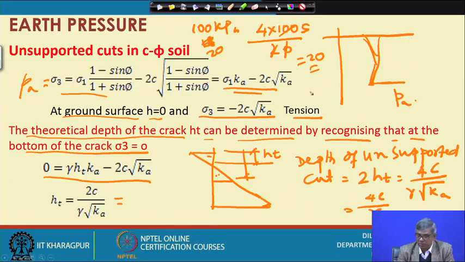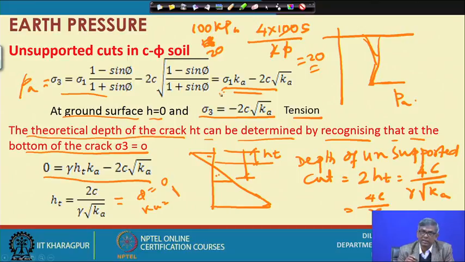That also you can find out when phi equal to 0, K equal to 1, is it not? So this value directly, gamma into H will be there minus 2C. So that also we can modify when there is no friction in the soil, purely cohesive soil. Then also, how to find out the pressure? Only Ka becomes 1, Kp becomes 1, and the corresponding expression will remain unchanged.